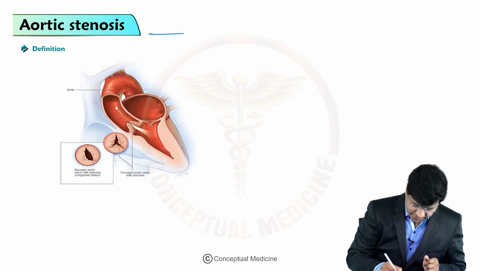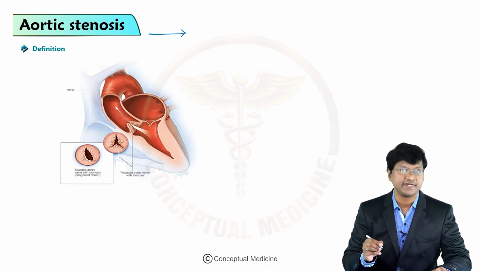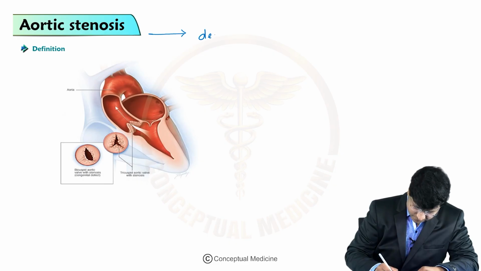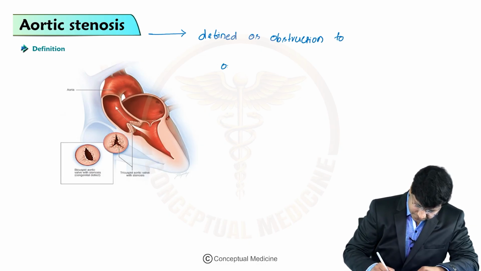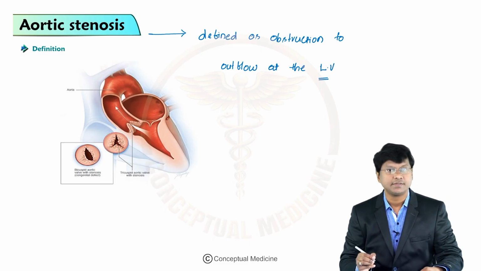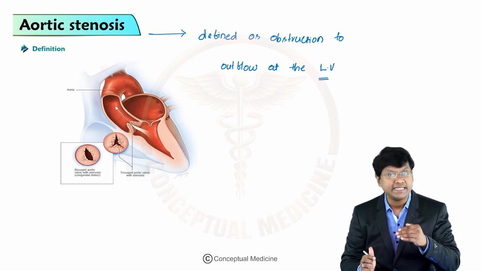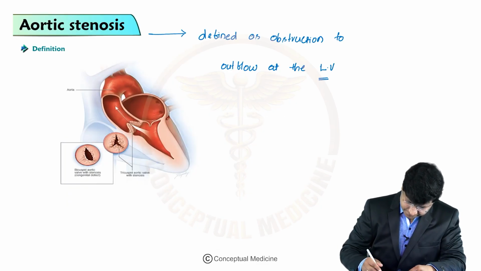So, in patients with aortic stenosis, it is defined as the obstruction to outflow from the left ventricle, and this obstruction is at or near the aortic valve.